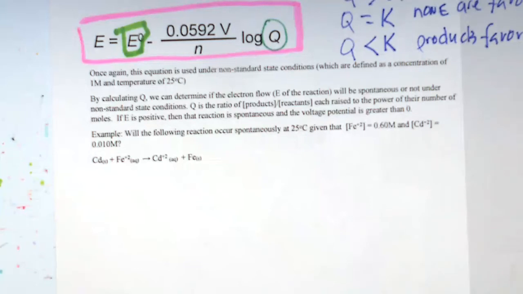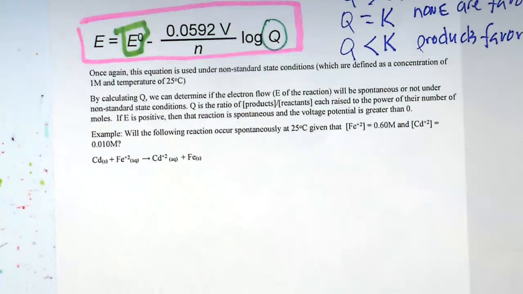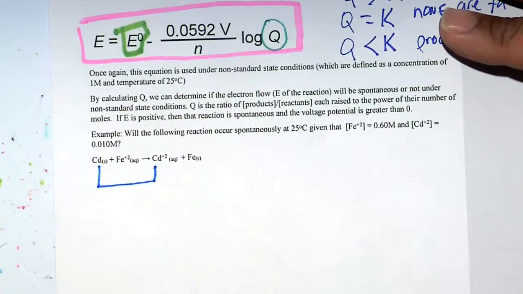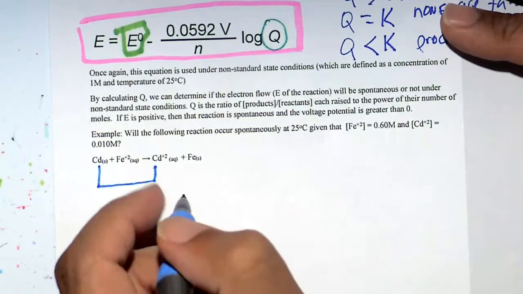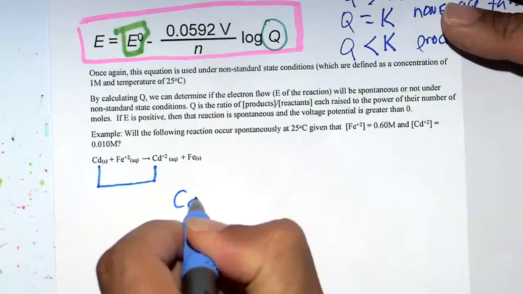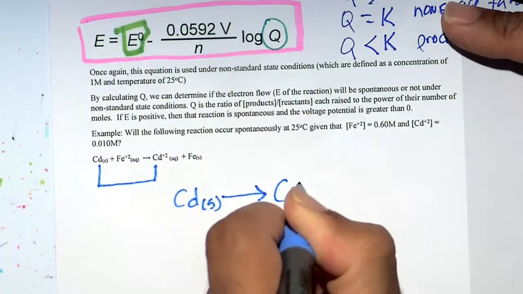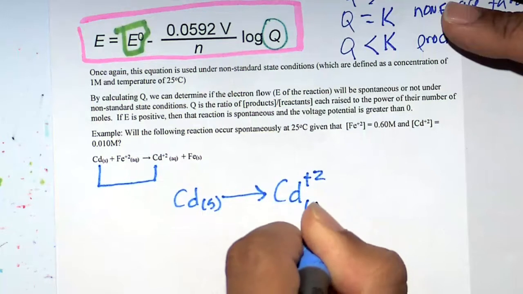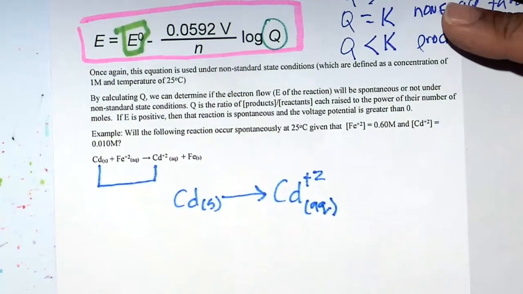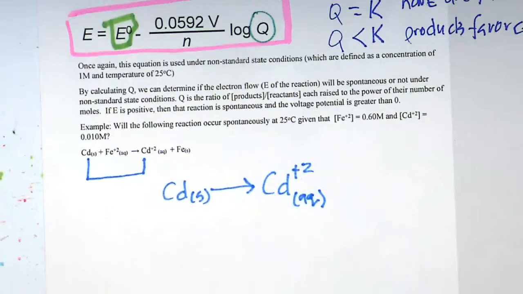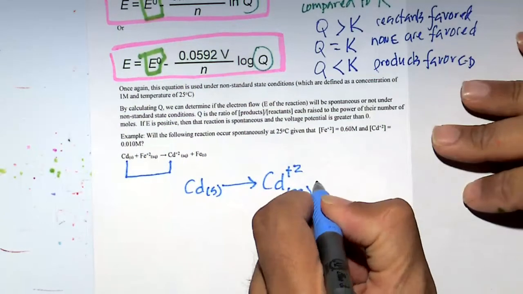Here's the equation that they gave us. The first thing we recognize is that Cd, which is cadmium, goes to Cd2+. So let's write down this half reaction. How many electrons and where to balance this? Two electrons on the right.